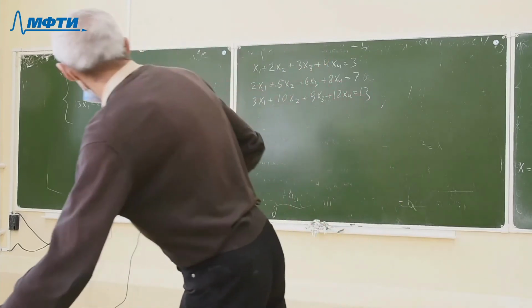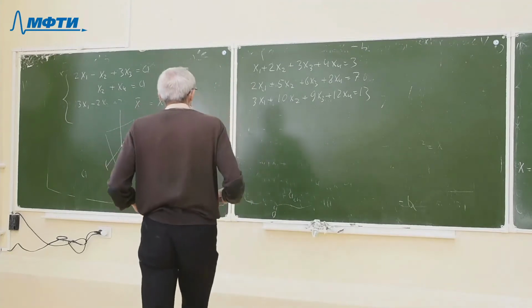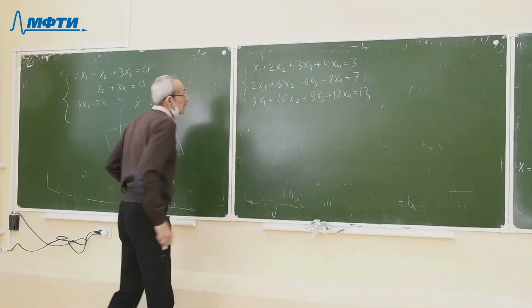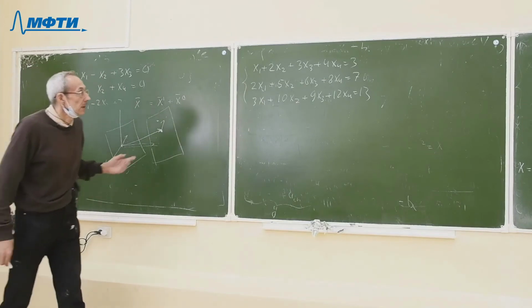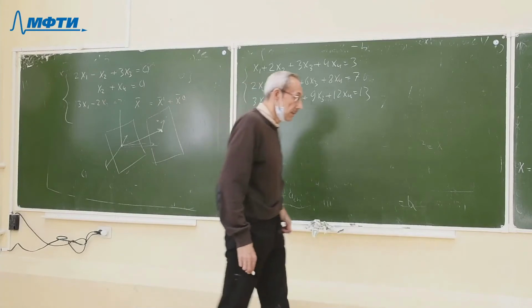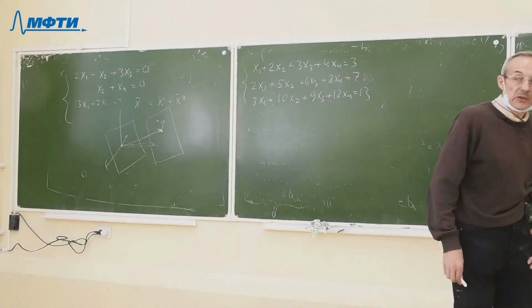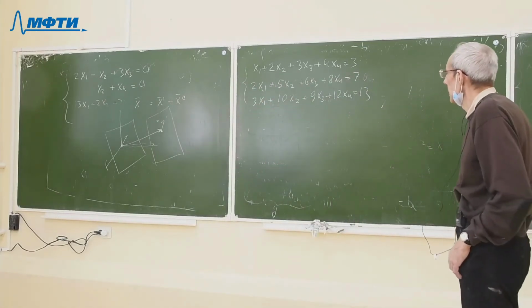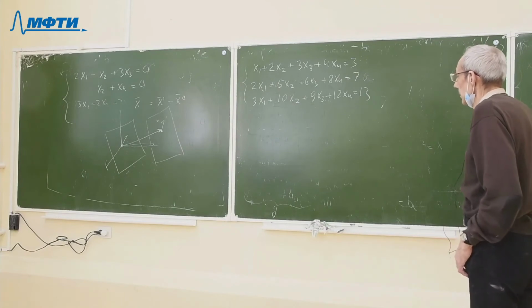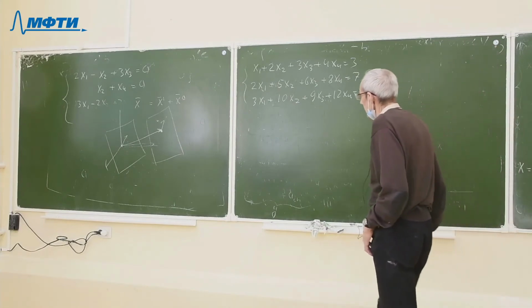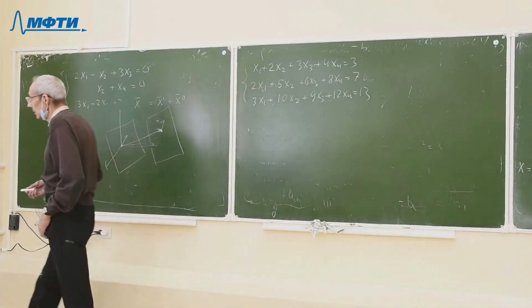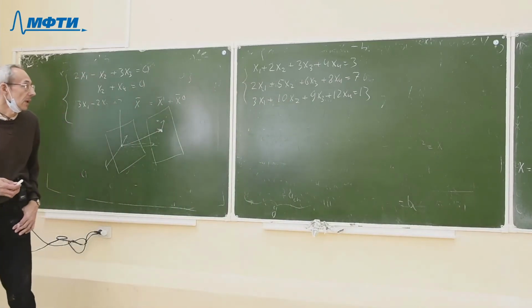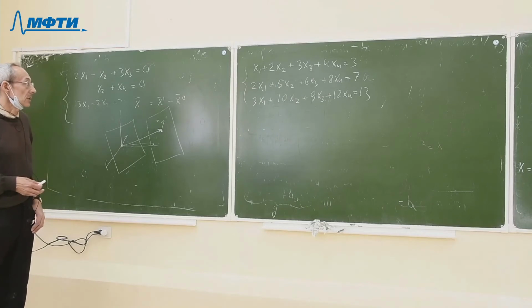Okay. And let's solve this arbitrary linear system and present the general solution of this linear system as a sum of some partial solution of this linear system and the general solution of the corresponding homogeneous linear system.